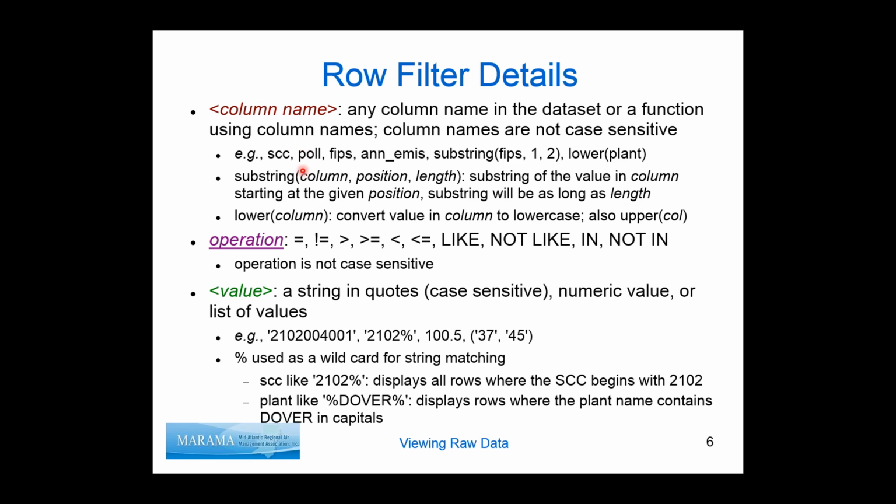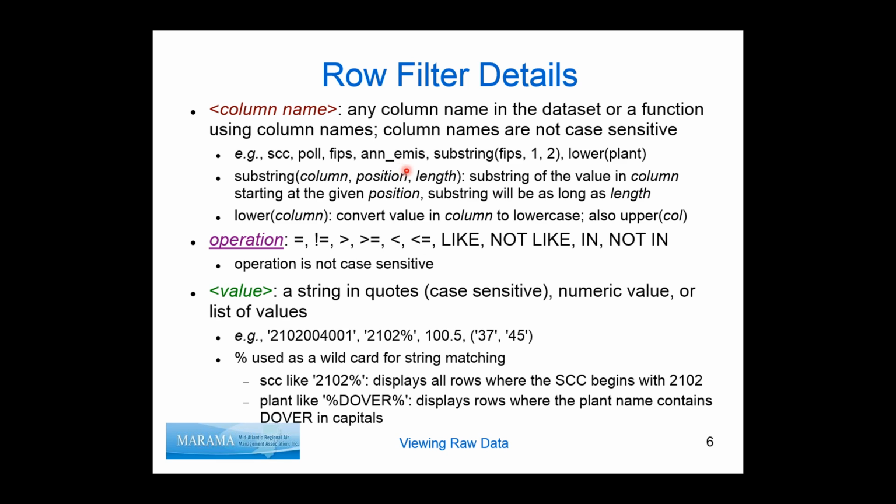Then some examples of what you might see as column names. We saw an example with SCC. POL, for pollutant, should really say POL instead of pol. That would be the pollutant code. So is this data record for CO? Is it for NOx, NH3? That would be the pollutant column. FIPS being the state and county code.